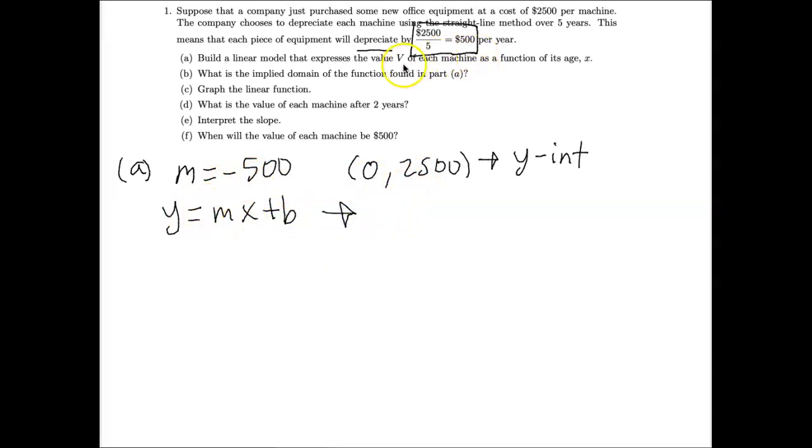All we would need to do is notice that we're expressing it as v of x. So v of x, which is y, is going to equal negative 500 x plus 2,500. So that's one of the ways to do this problem.